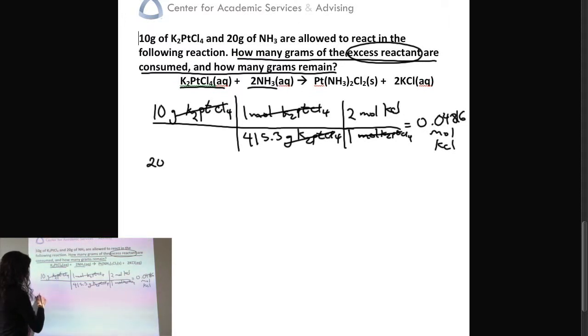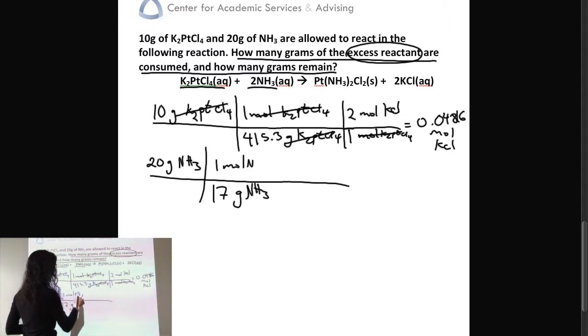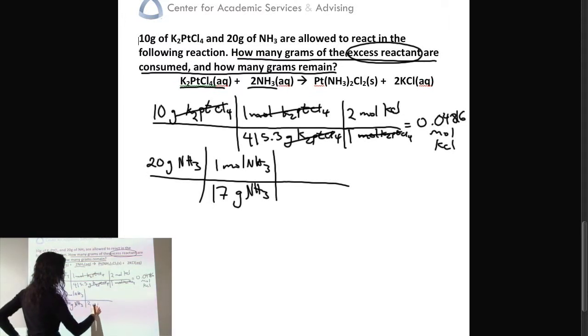Now let's go ahead and do the same analysis for 20 grams of NH3. So we know that 17 grams of NH3 is 1 mole of NH3. Based on the balanced chemical reaction, 2 moles of NH3 give us 2 moles of KCl.